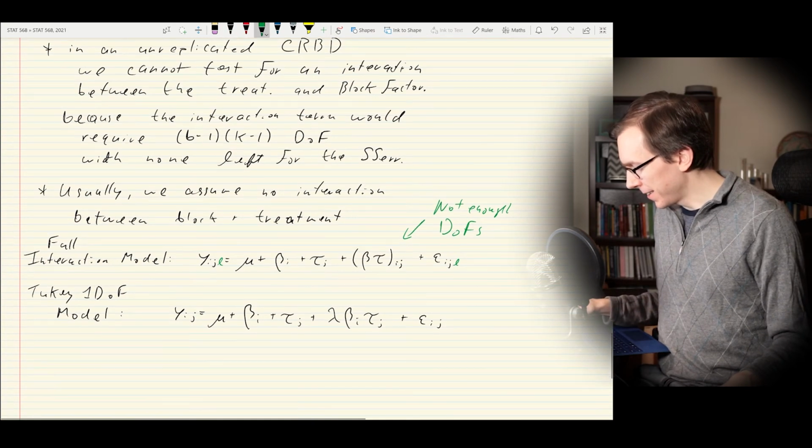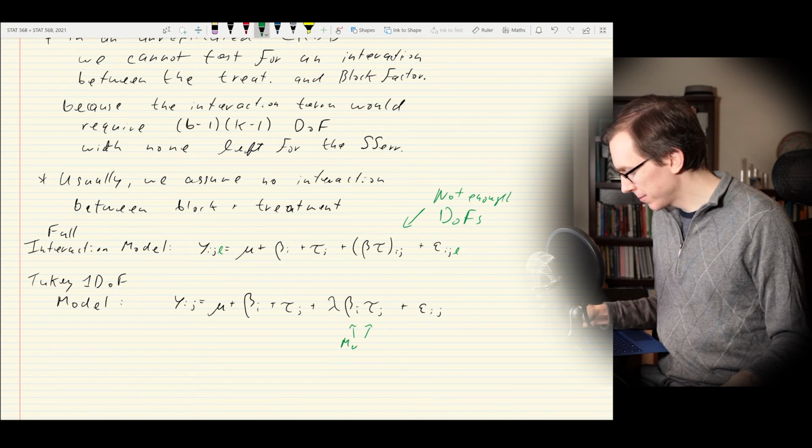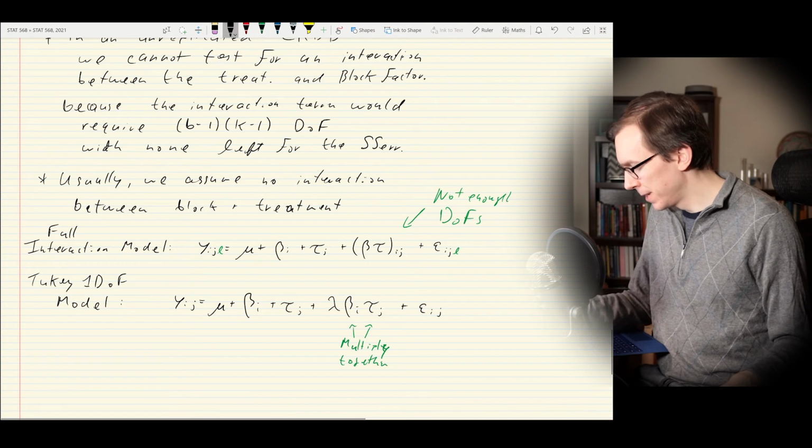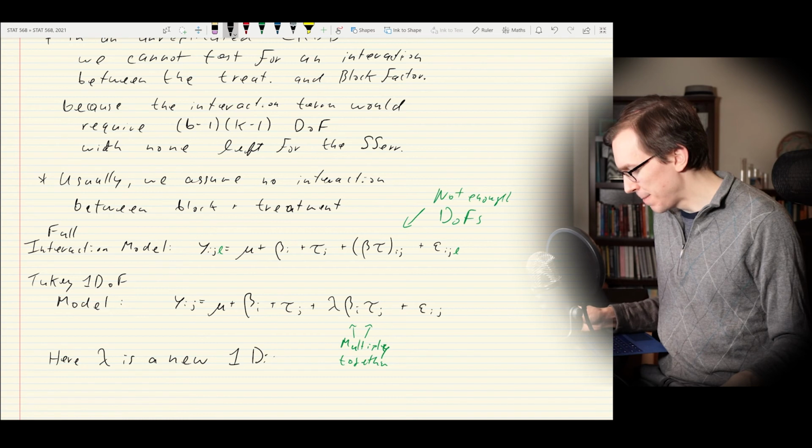So here I multiply together, and what I'll also say here is that lambda is a new one-dimensional parameter.